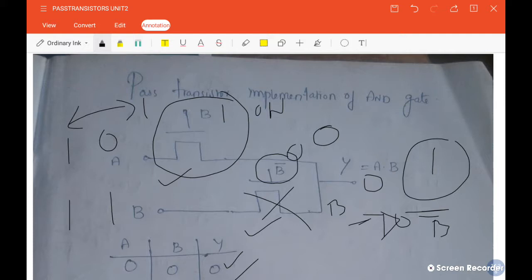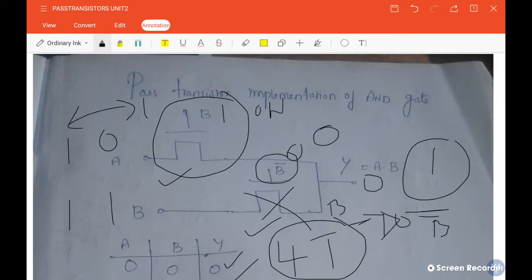So totally your circuit requires how many transistors? These 2 NMOS transistors and then one NMOS and PMOS for the inverter. So totally 4 transistors you require for implementing the AND operation.